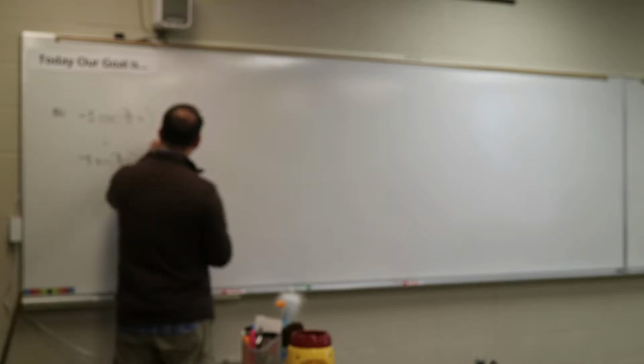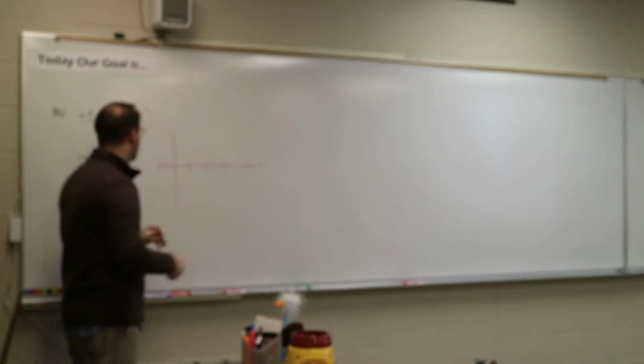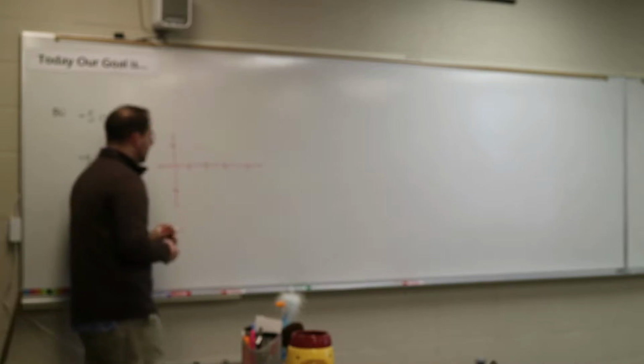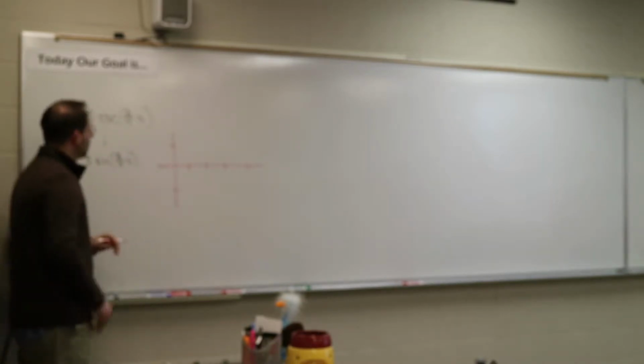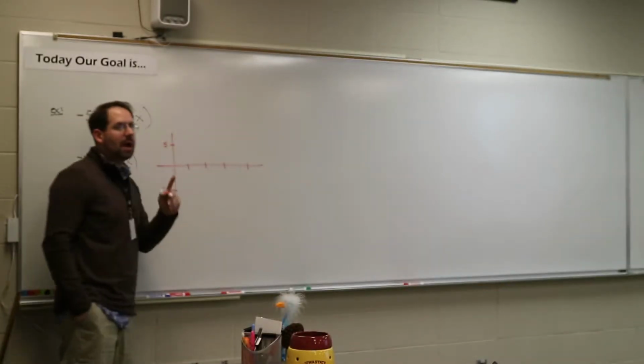So when you do this, we're going to the right. We have 4 hash marks, and it looks like we're not shifting up or down, so it's going to be over the x-axis here. And then what's my peak and valley going to be from there? 5. So we're going to hit a peak of 5 and -5. Now, how do I know that?